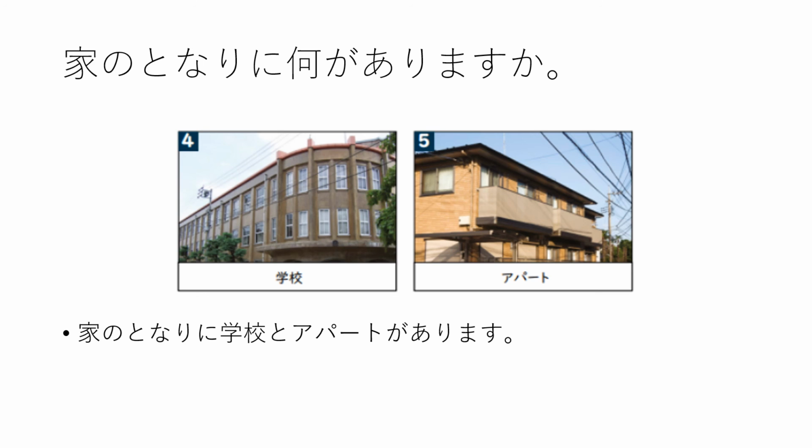So if we were to do two of them together, in this instance for 4 and 5, I'll ask the question. You can see the answer there, but let me see if you can answer it without reading it. Uchi no tonari ni nani ga arimasu ka? The answer is uchi no tonari ni gakko to apato ga arimasu.